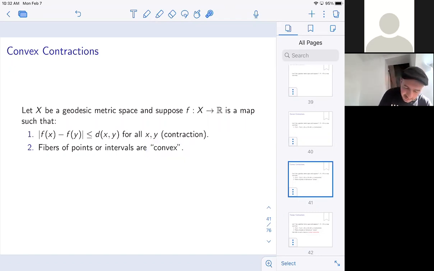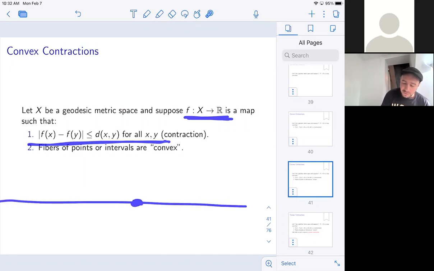But the idea is that the definition here is that I have a map from X to R, it coarsely decreases distances. And if I look at the fibers of this map, the pre-images of a point, then this pre-image is going to satisfy some convexity property. Ideally, you want to say strict convexity, but maybe you'll have quasi-convexity.